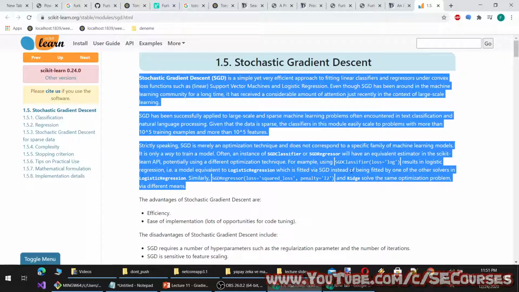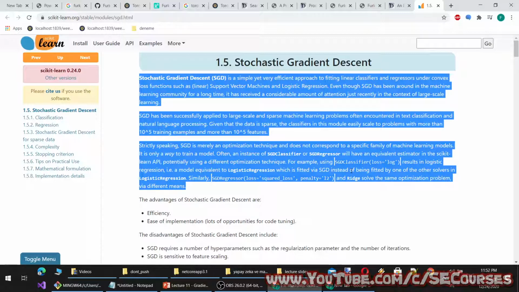Strictly speaking, SGD is merely an optimization technique and does not correspond to a specific family of machine learning models. It is only a way to train a model. Often, an instance of SGDClassifier or SGDRegressor will have an equivalent estimator in the scikit-learn API, potentially using a different optimization technique.